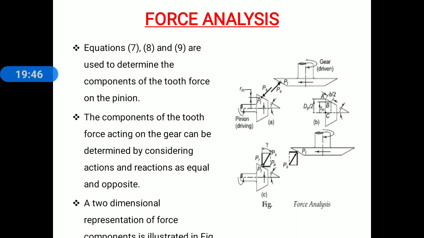The separating component is resolved into two components, axial and radial. How do we show the direction of the radial component? The radial component is always directed toward the center of the respective gear. Now observe figure C. For the pinion and gear, we show the radial component on the pinion is always directed toward the center.